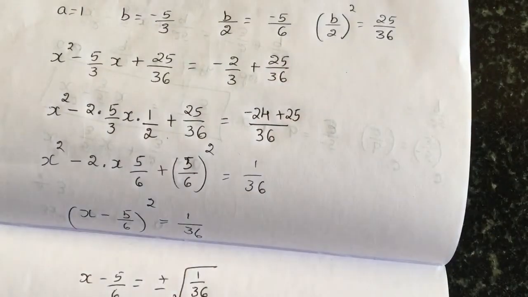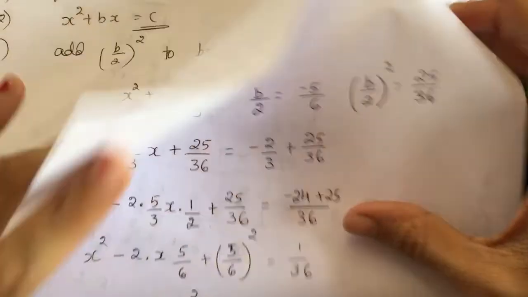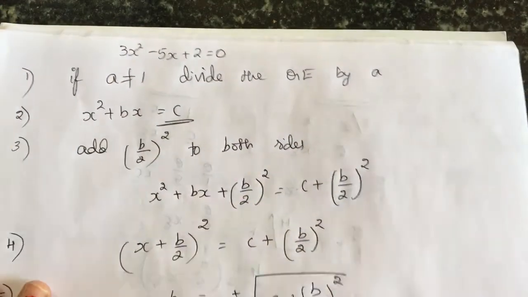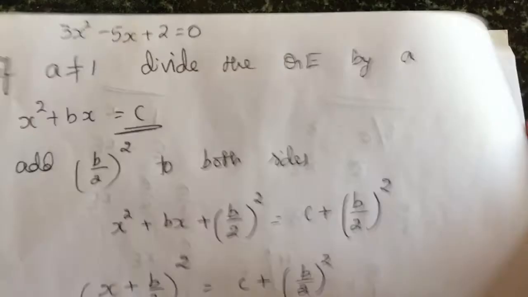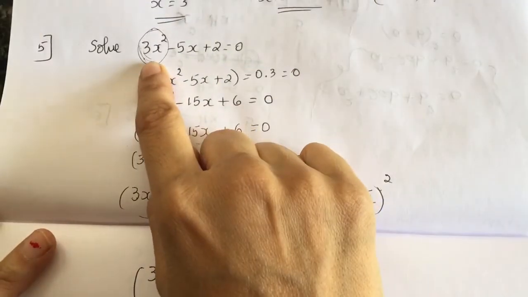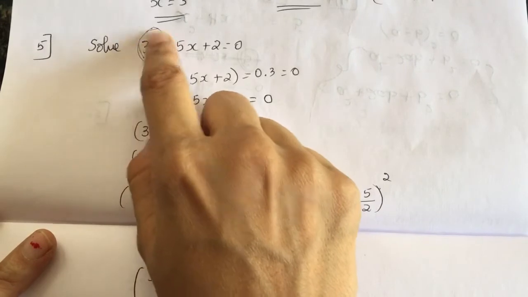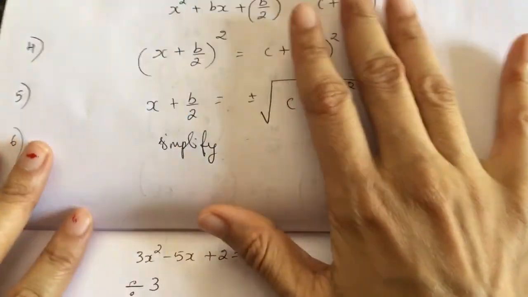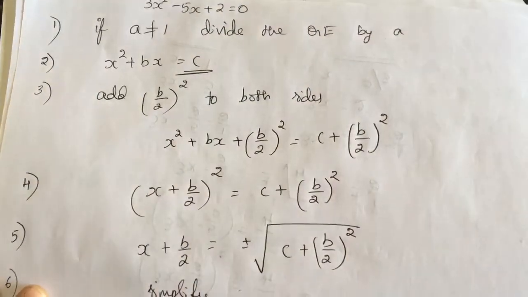So this is a quite easy way if you have a not equal to 1. This way you can do, or you can do it even with the earlier method which I did. You multiply so as to make this a perfect square, and you can go ahead, or you try to remember this way and do it.